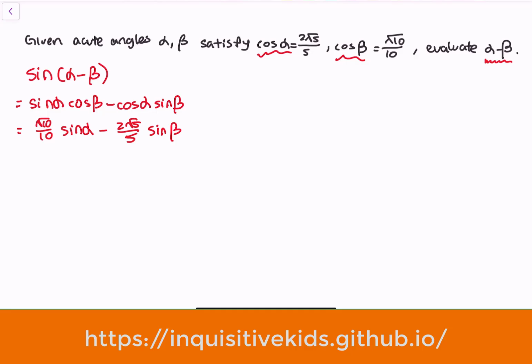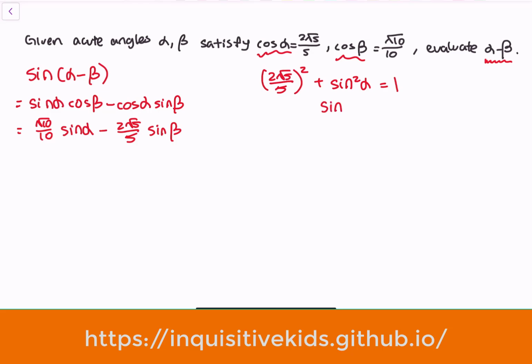Let's first find sine of alpha. Sine of alpha squared plus cosine of alpha squared must be equal to 1. So we take cosine of alpha squared plus what we're trying to find. It must equal 1.